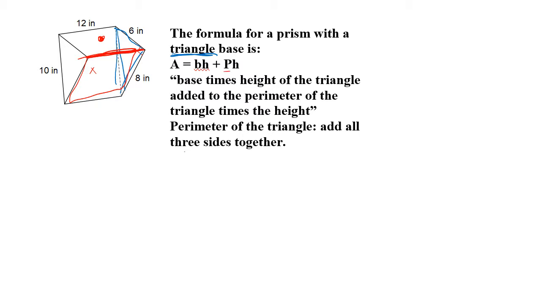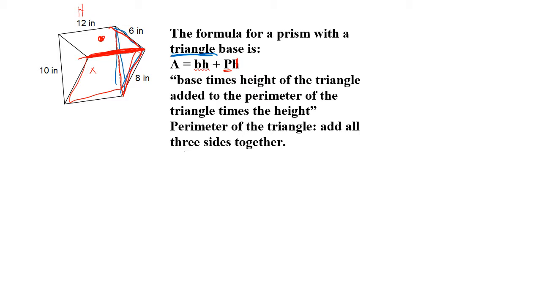So the perimeter of that triangle is going to give me the length of that rectangle, and then my height will give me the width of the rectangle. Okay? All right, so now if this is the base, it's not sitting on the base, is it? So imagine if it was sitting on the base, this 12 is actually my height of the figure. And this H should actually be a big H so that we don't get them confused.